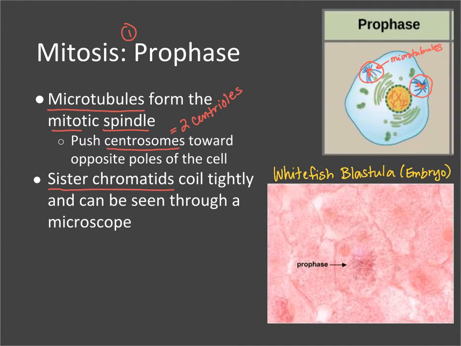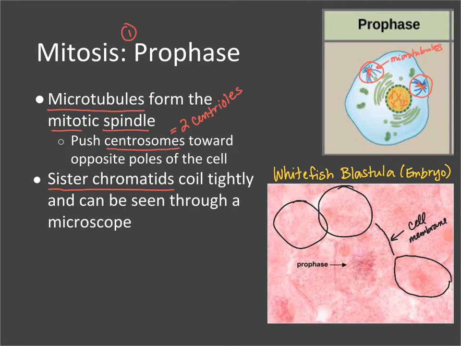And so what we're looking at on this picture here, this line here is the cell membrane of a cell. So you can see that we've got multiple cells in this picture. Now, in the cells that are not dividing, so if we look at this cell over here, this cell is actually a cell in interphase.